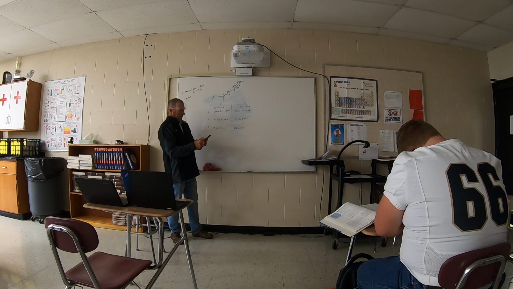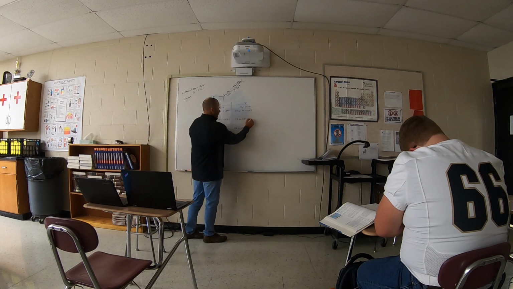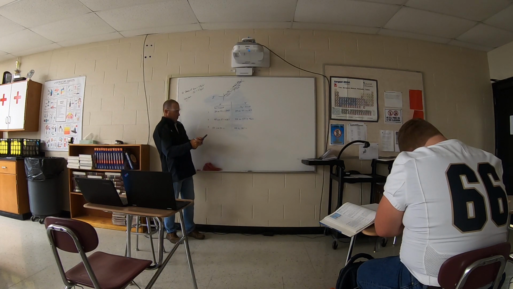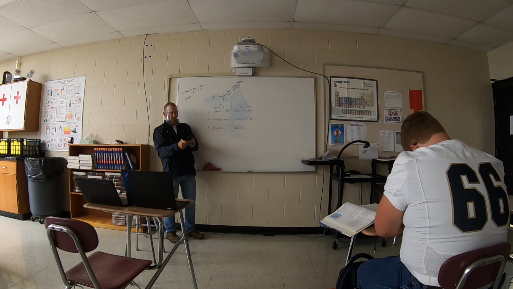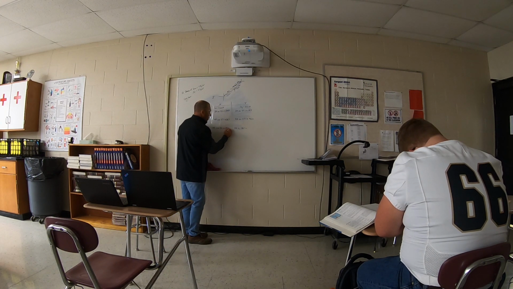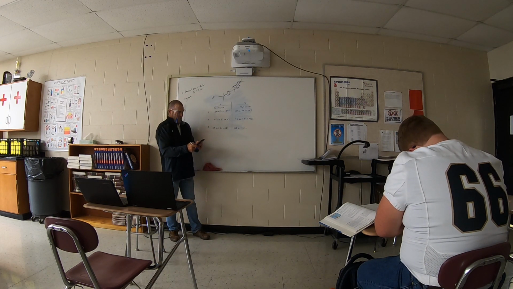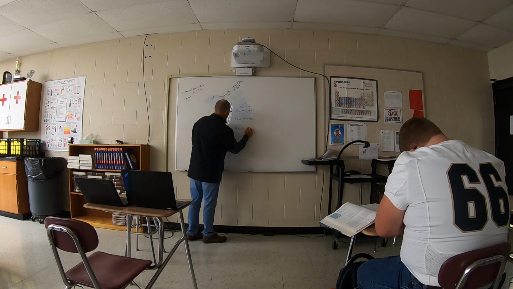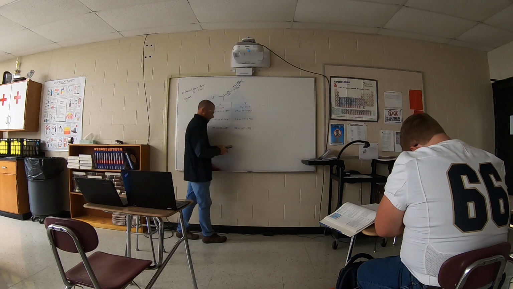Then 48 times the sine of 57 is 40.3. Then 22 times the cosine of 34 is 18.2. And then 22 times the sine of 34 is 12.3.